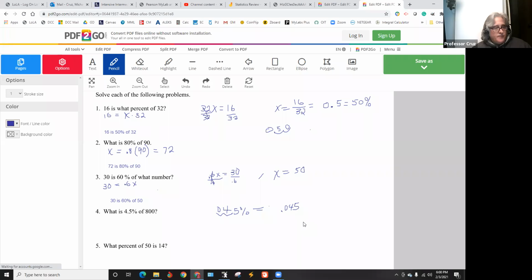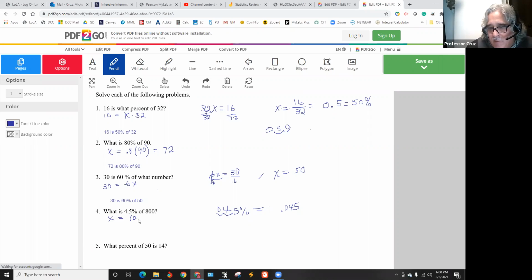All right. So we got X is 0.045. Oops. I left out a 0. See how easy that is to do?